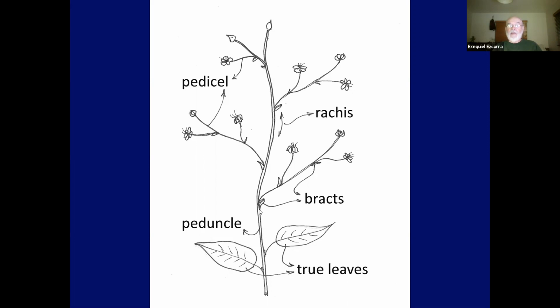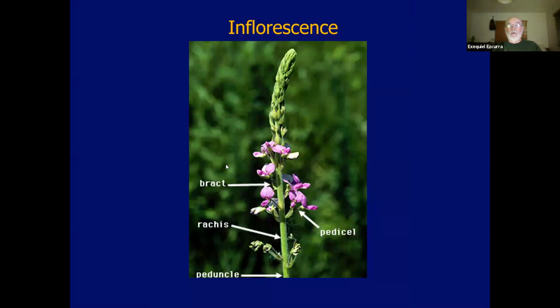So the main stem of the inflorescence is known as the rachis of the inflorescence. The base of the inflorescence is the peduncle, and the stem that supports each of the flowers is the pedicel, as we've seen before.